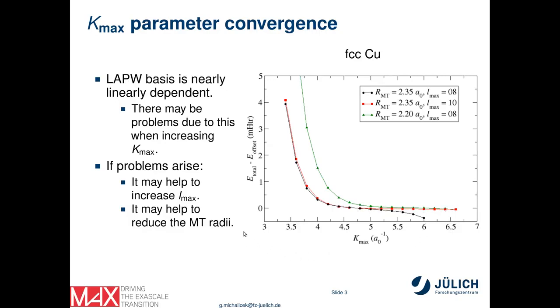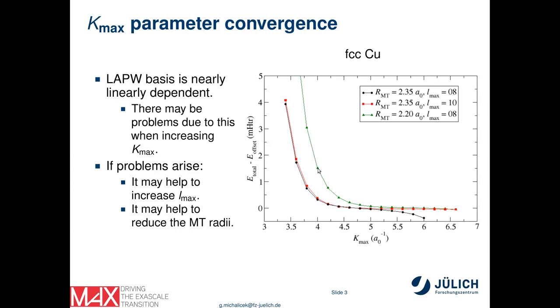Another thing we could do is reduce the muffin-tin radii. This is the green curve here, and there I did not increase this Lmax, but you see reducing the muffin-tin radius means that we actually need larger Kmax values.